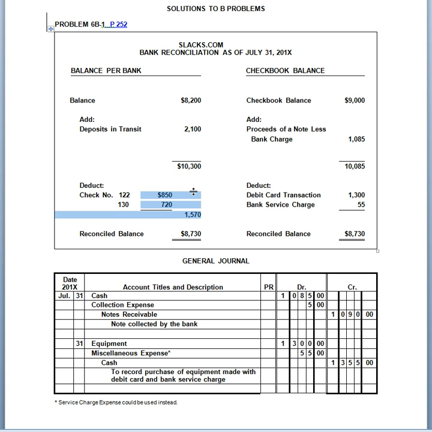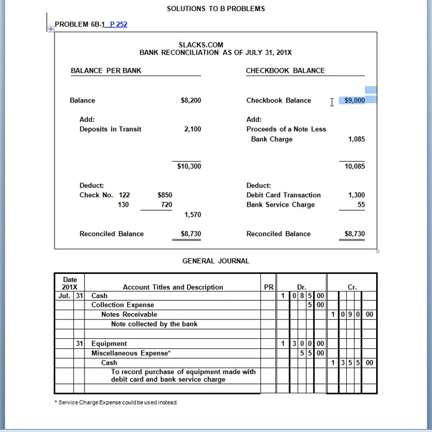And in B, they talk about a deposit in transit. What that means is that we've got cash receipts that have already been recorded and are included again in that 9,000. So a deposit in transit simply means that it's on its way to the bank.